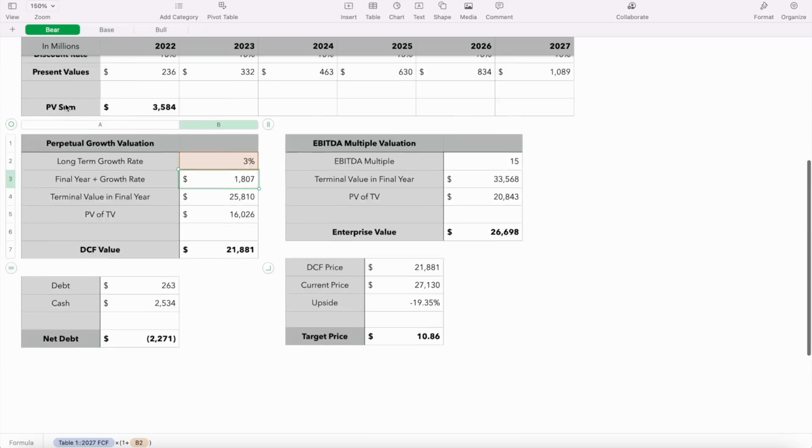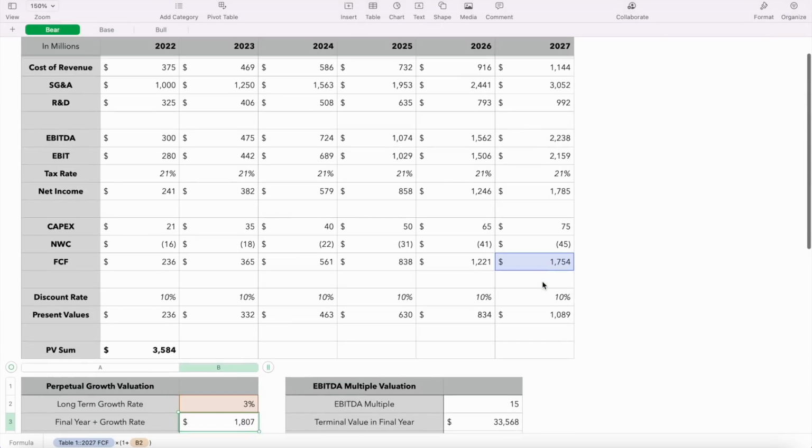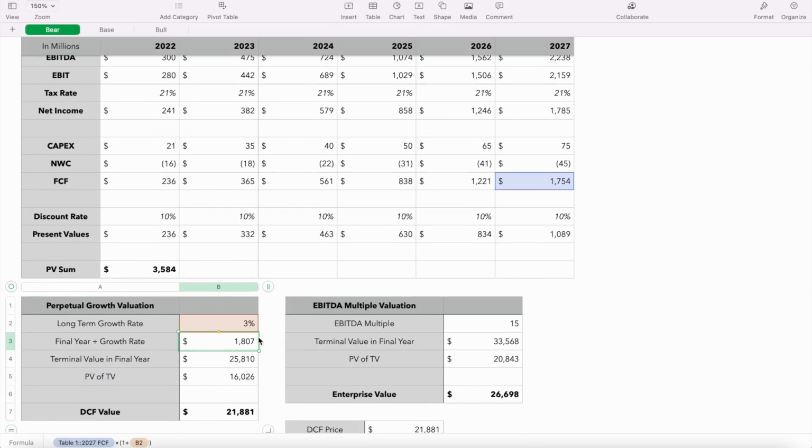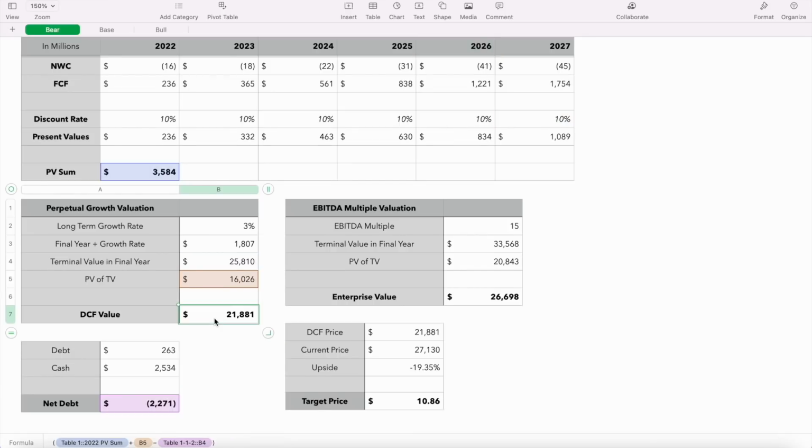And then what are we doing here? Well, we're taking the final year, which is 2027, and we are adding to it the growth rate. And then we get the terminal value in the final year right here, and then we discount that to the present value of the terminal value. So essentially we get a value of, rounding it up, $22 billion.